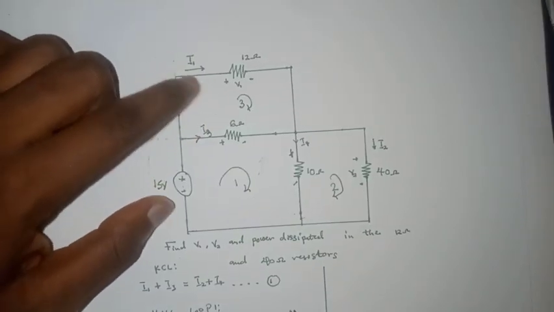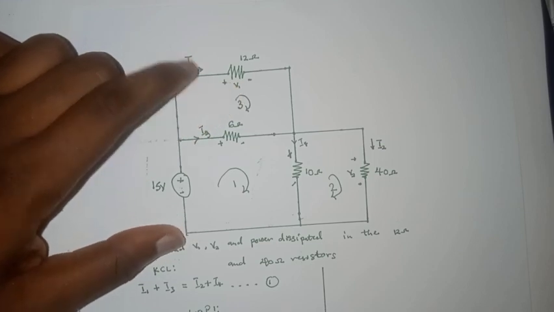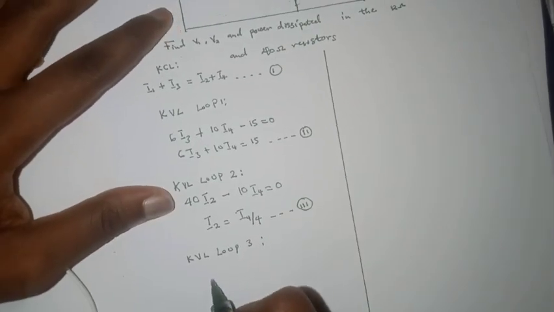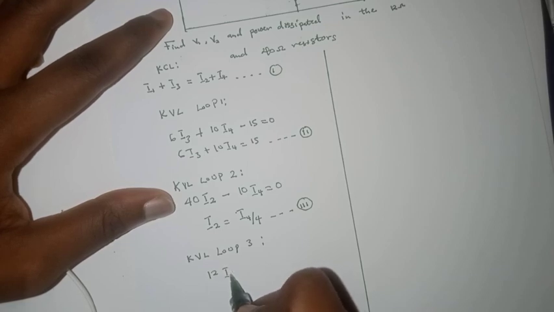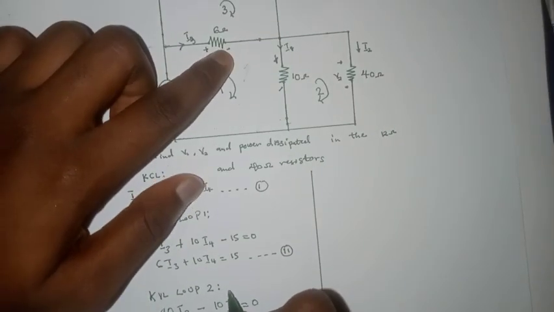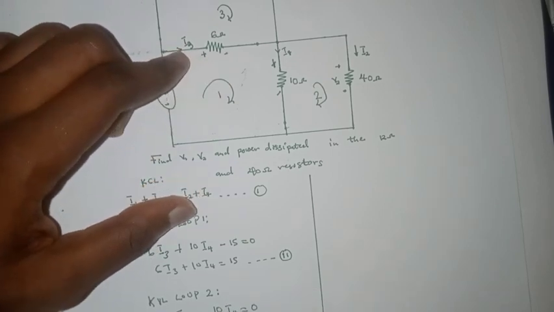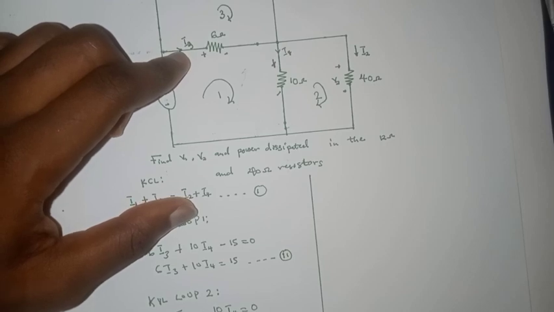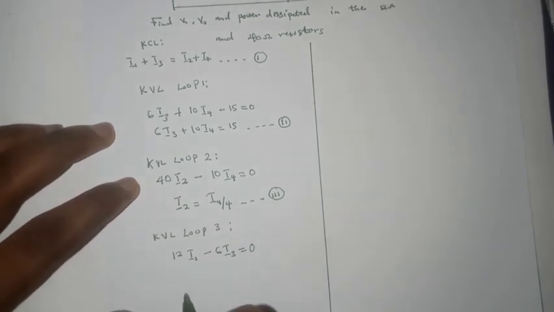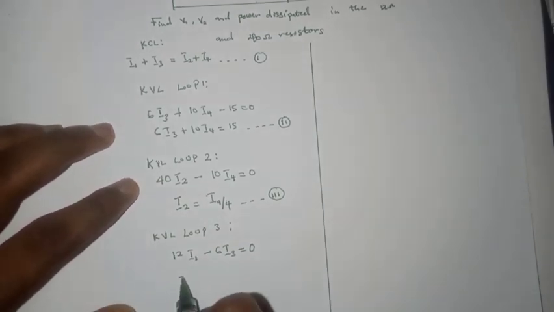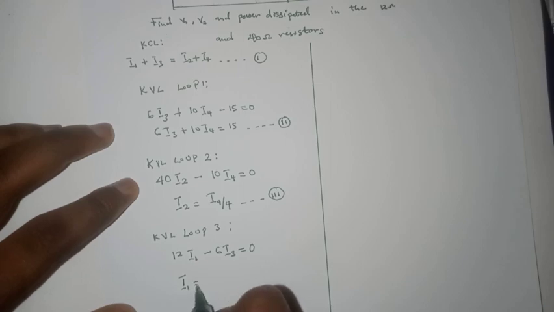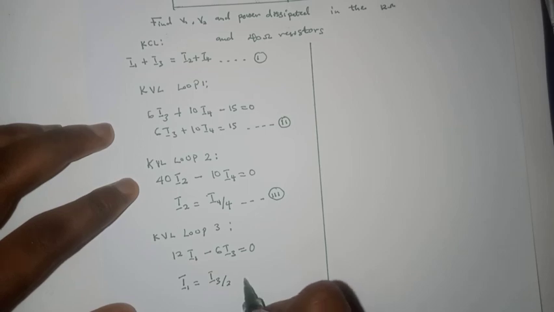So we have plus 12I1 minus 6I3 equals 0. We can then say that I1 equals I3 divided by 2. Let's call this our fourth equation.